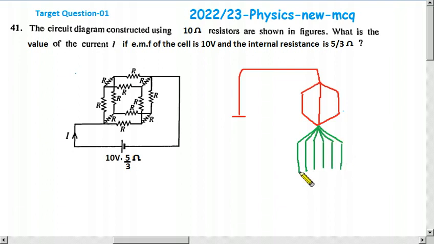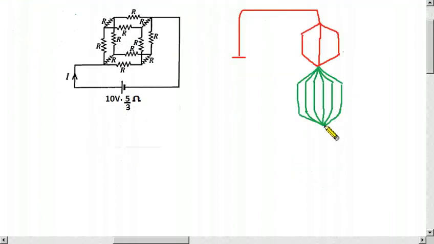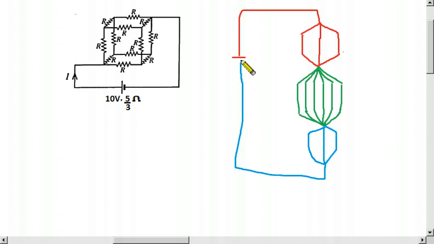So this is the simplified circuit. Previously I explained well, therefore I am not going to do it again. So the circuit is like this after simplifying. So the resistors are there.